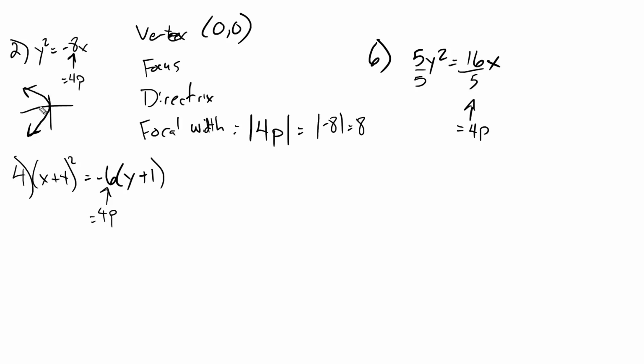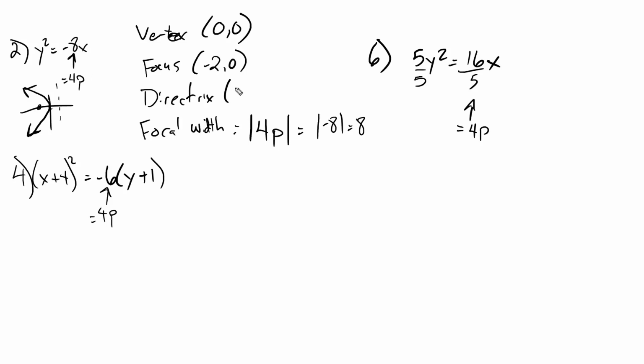So focus somewhere over here, directrix somewhere over here. And the focus is just the change in x here. So it's going to be negative p in this case. Since negative 2 times 4 is p, that's going to give you negative 2, 0.